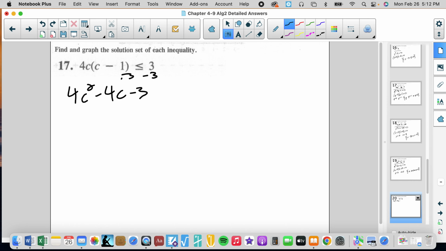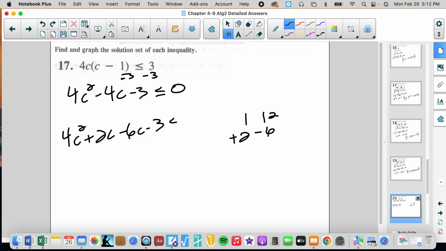Oh, all right. 4c squared minus 4c minus 3 is less than or equal to 0. What would be fun is if I had to flip the inequality sign. So we got factors of 12, 1 and 12, 2 and 6. There it is. Signs are different. Bigger is negative. So we get 4c squared plus 2c minus 6c minus 3. We factor out a 2c, you get 2c plus 1.